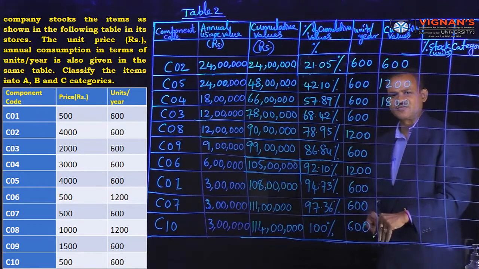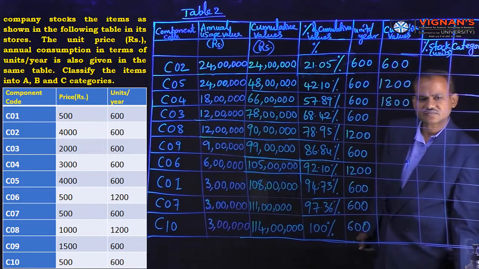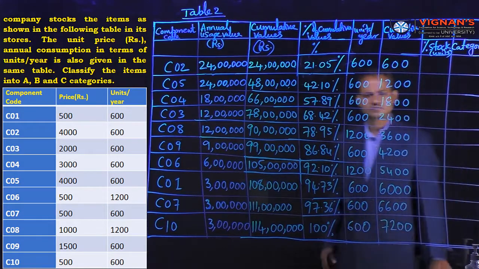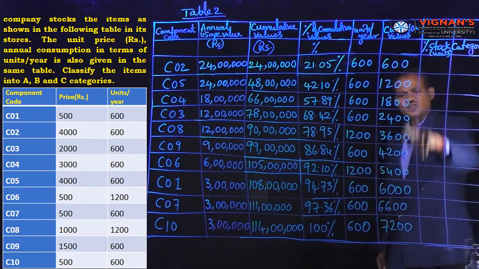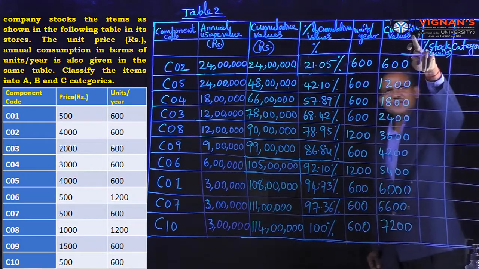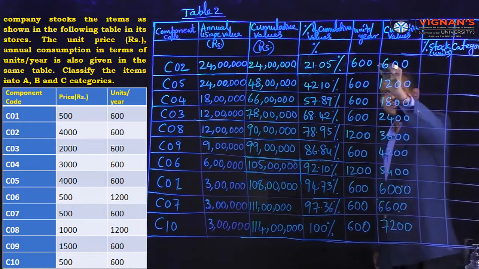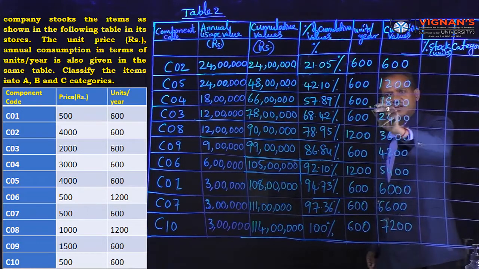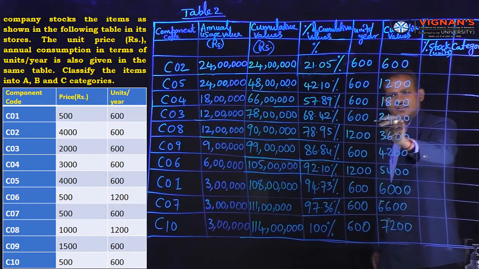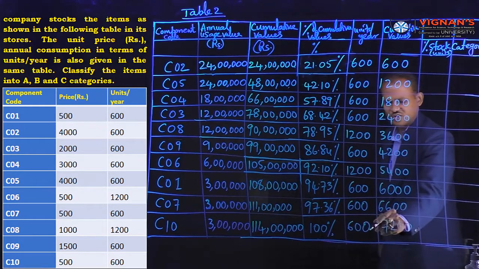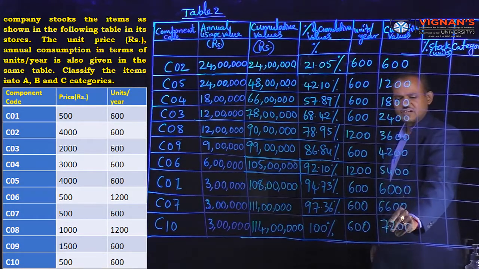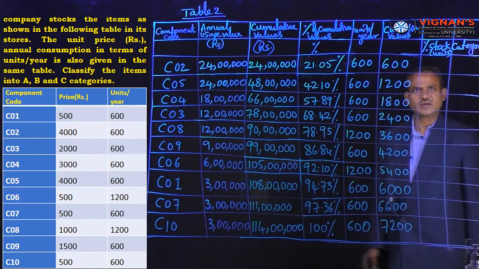Similarly, calculate for other components. Okay, for each component, we have calculated cumulative values. First is 600, next 12, 12 plus 6, 18, 18 plus 6, 24, like that, up to the last component C10, cumulative value is 7200.